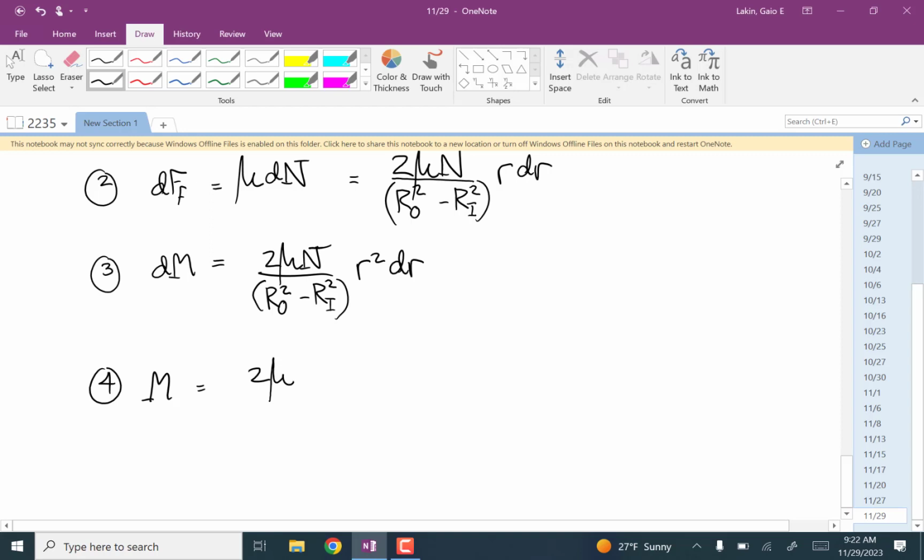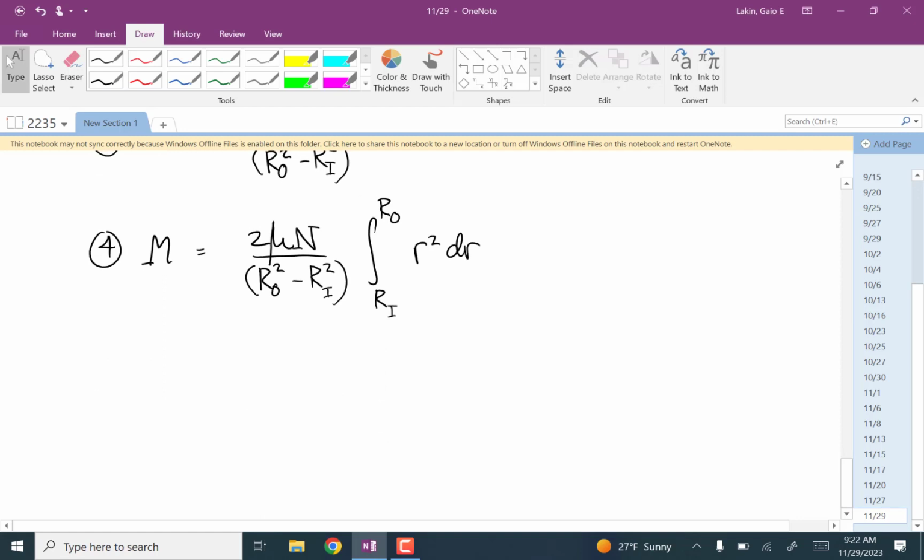So 2 times mu times N divided by R outer squared minus R inner squared times the integral from R inner to R outer of r squared dr. So this is 2 mu N over R outer squared minus R inner squared times r to the third over 3 evaluated from R inner to R outer.